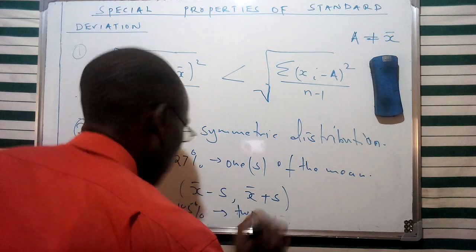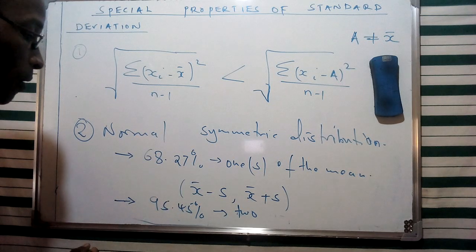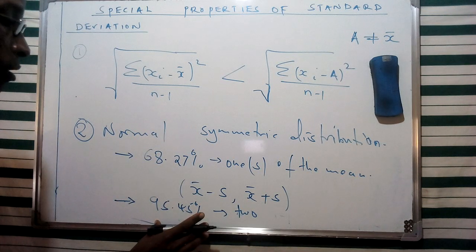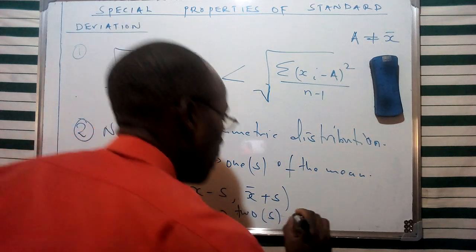So 95.45% of data values from this symmetric distribution are going to fall within two standard deviations of the mean.